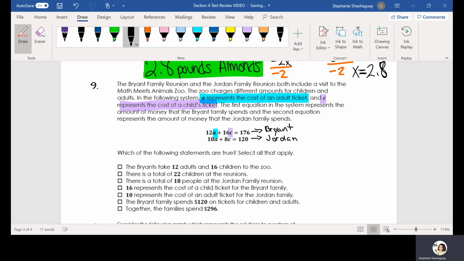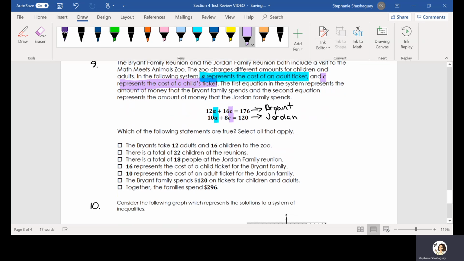Select all that apply. Okay, so we are looking at these two equations and we need to understand what's happening in these equations. Okay, so the Bryant takes 12 adults and 16 children to the zoo. Sorry, I was getting ahead of myself and trying to solve for A and C, but I don't need to do that yet.